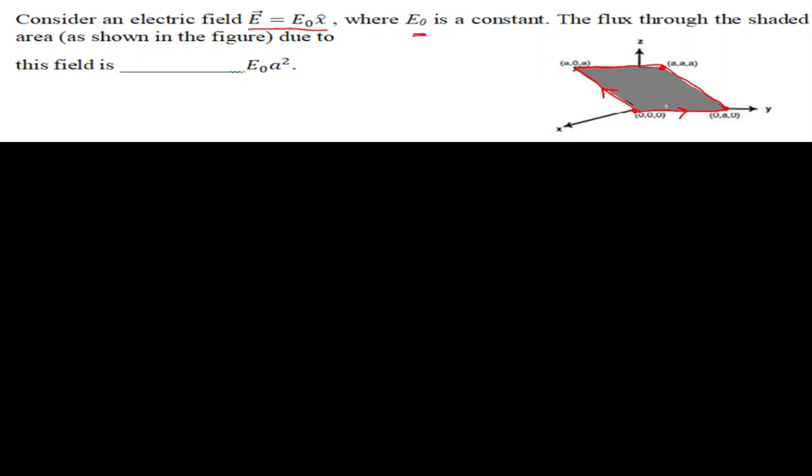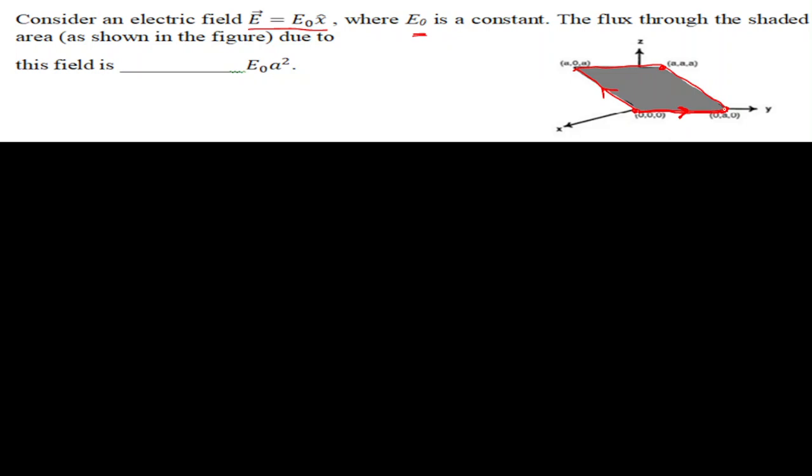Then if we take the cross product of these two sides, that will give the area of this surface, and then we take the dot product of this area with the electric field, and that will give us the total flux. So right here, what will be the length vector of this side?